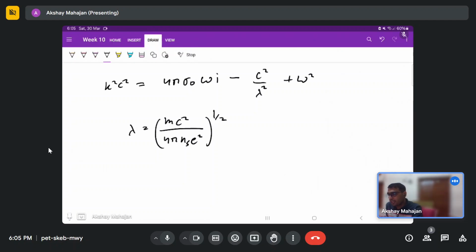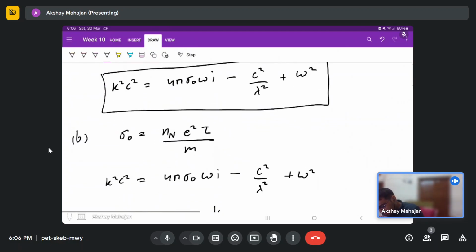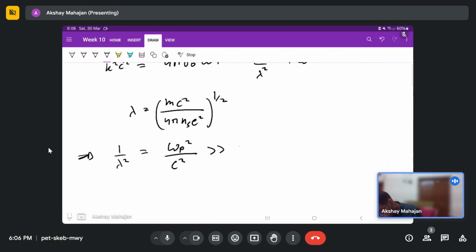So now first of all, you can check that 1/λ² comes as ωp²/c², from the definition of plasma frequency. So 1/λ² equals ωp²/c², and as given, ωp is much greater than ω, so it will be much greater than ω²/c².